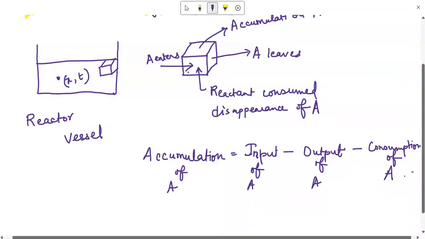Now, like I said, if the composition within the reactor is uniform, that is, it is independent of the space coordinate, then you can account for the whole reactor. But if it is not uniform, then you have to use this differential element of the volume, and this has to be integrated across the entire reactor.